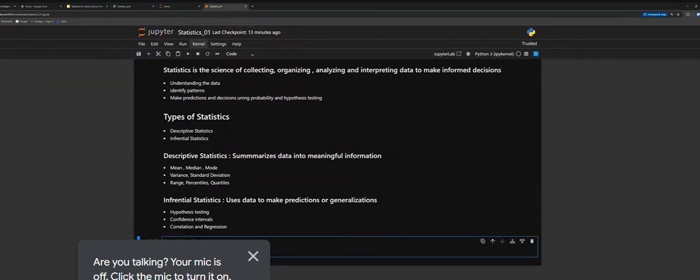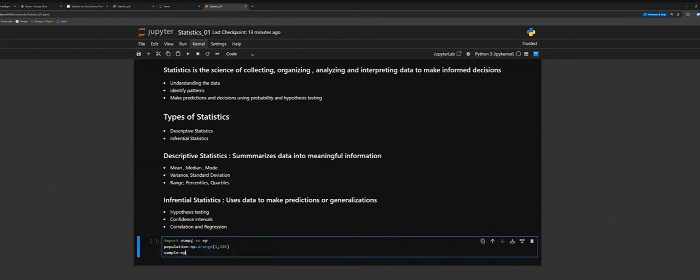I'll create another variable called sample equals np.random.choice. Why is the drop down not coming? Okay, I have to type everything then.